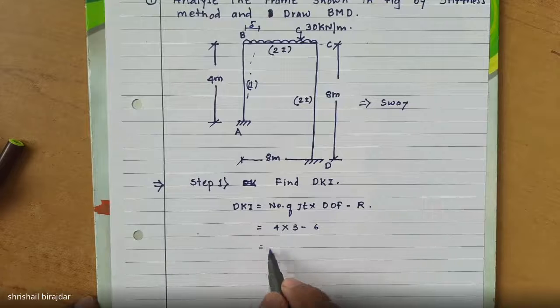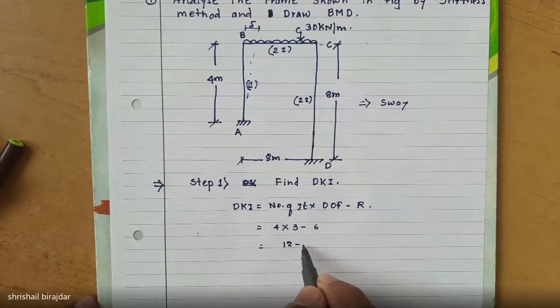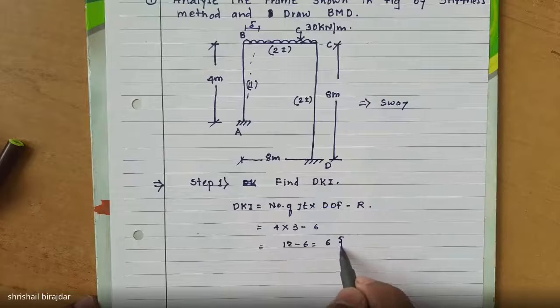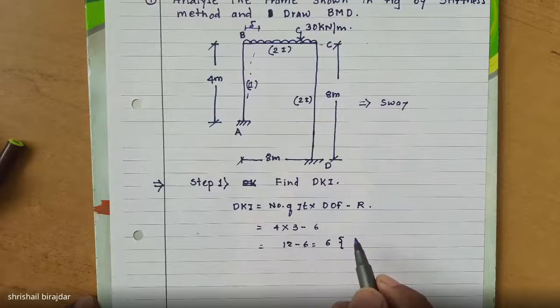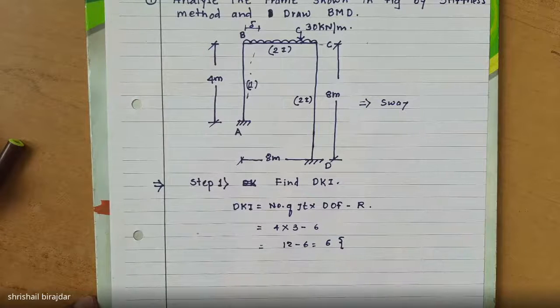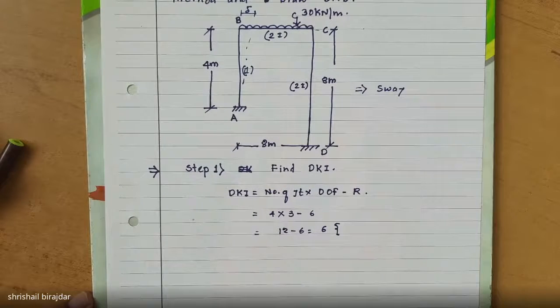Therefore, it works out to be 12 minus 6 equal to 6. But if you're considering this as a stable structure, then first of all, you write down the 6 kinematic degrees of indeterminacy.